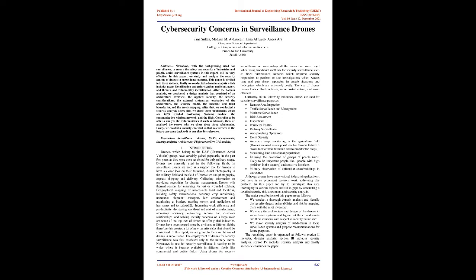In the agriculture field, drones are used as a support tool for farmers to have a closer look at their farmland and to monitor the crops. Monitoring land and animal populations. Ensuring the protection of groups of people, most likely to be important people like people with high positions in the country, and sensitive locations. Military observation of unfamiliar areas and buildings in war zones.